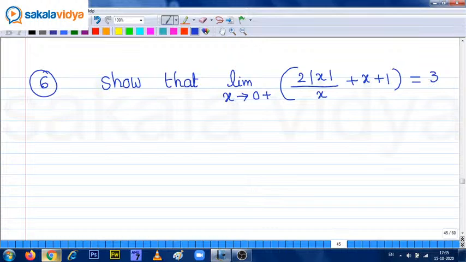So this is the problem. So welcome, Karthik. Thank you, Durga Prasad.